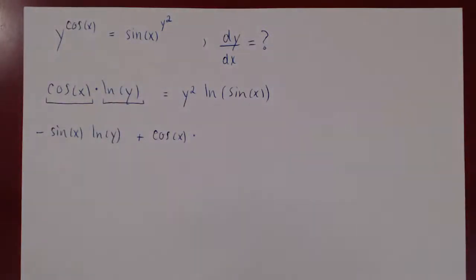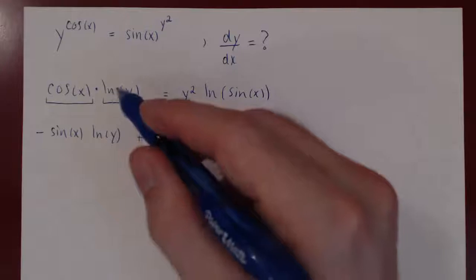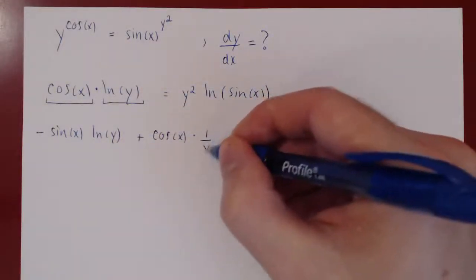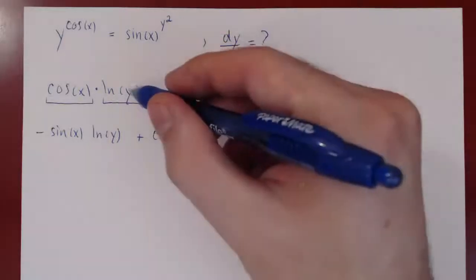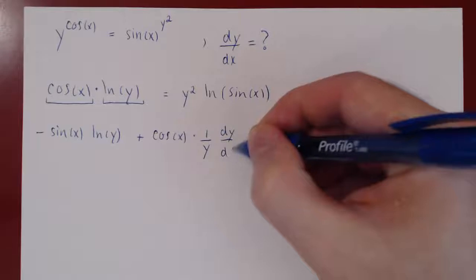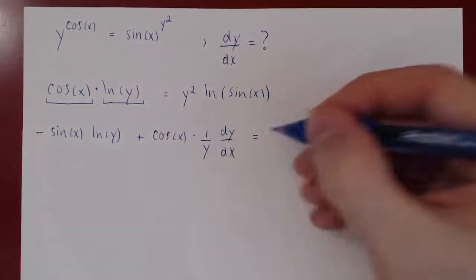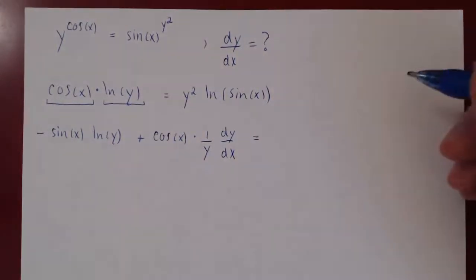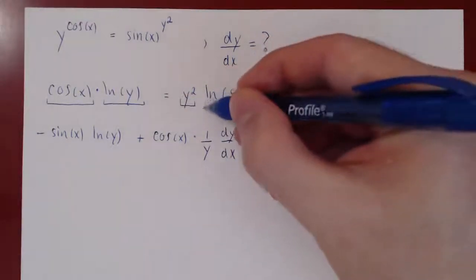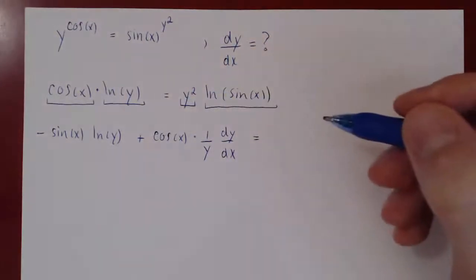Keep in mind the derivative is with respect to x, so we'll have the derivative of ln, 1 over the argument, chain rule, times the derivative of y, which is dy over dx. That takes care of the left-hand side. Now we differentiate the right-hand side, and once again we have a product, y squared times the ln of sine of x.